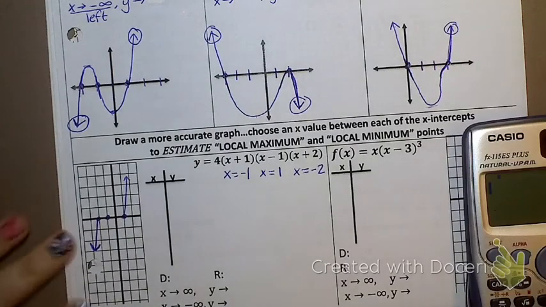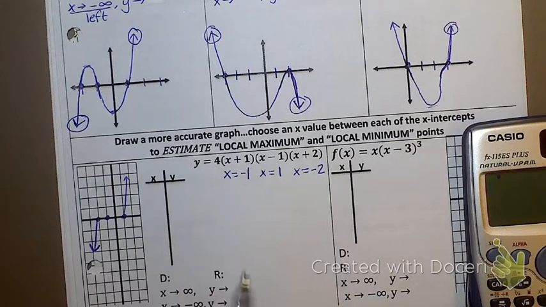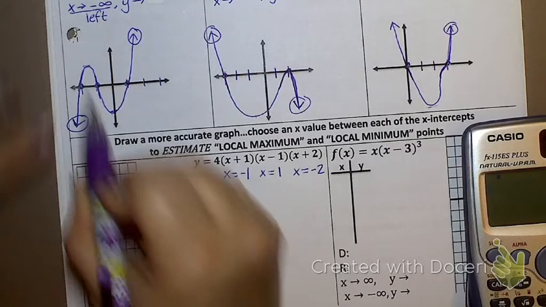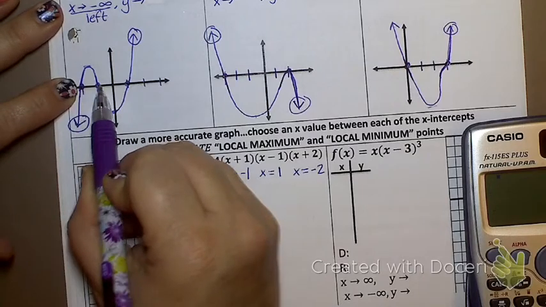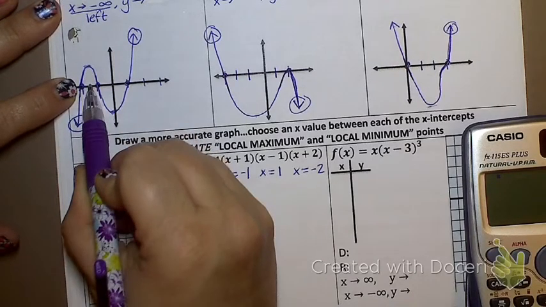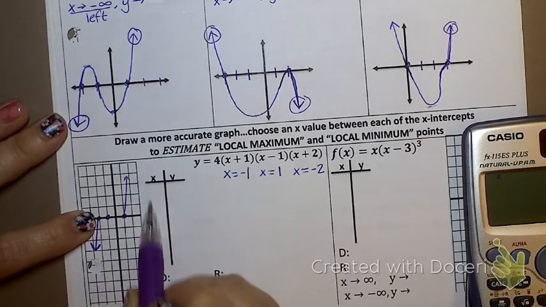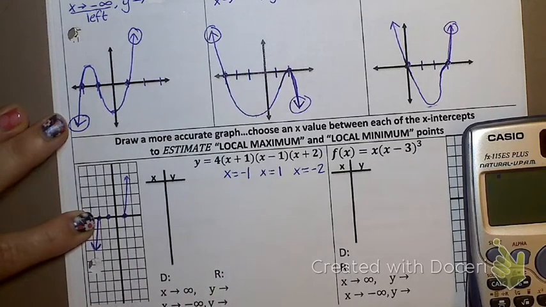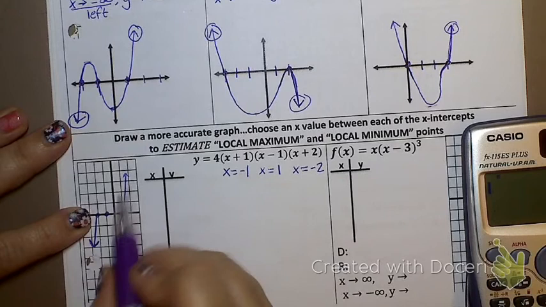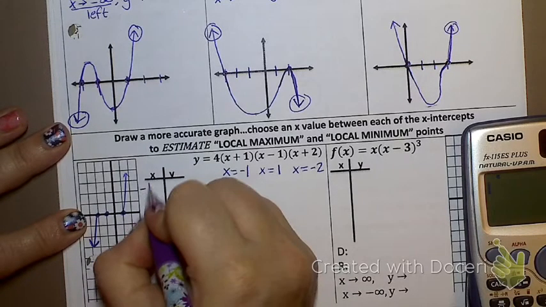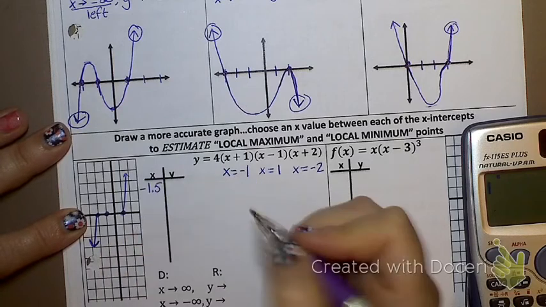I'm not going to do a super long XY chart, but I want to know between these two zeros, how high up does it go? So what would be a number between those two zeros, an x value, that would be good to investigate? If this is -1 and this is -2, how about we look at -1.5, because that's halfway between them?